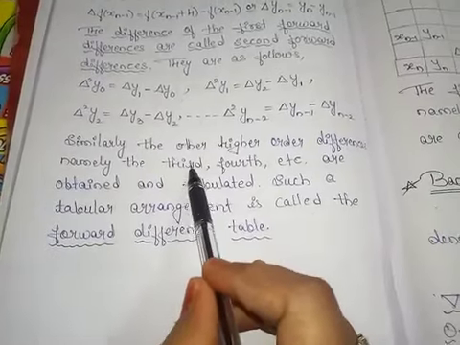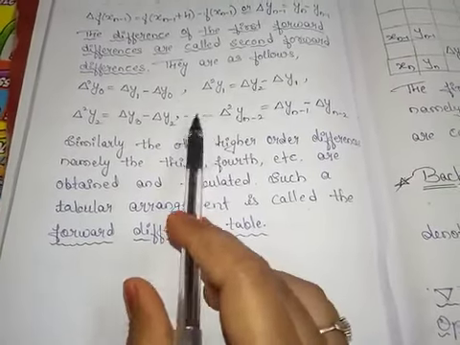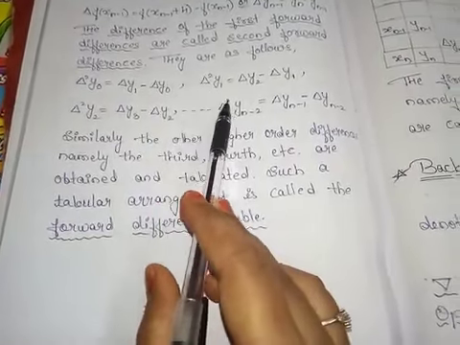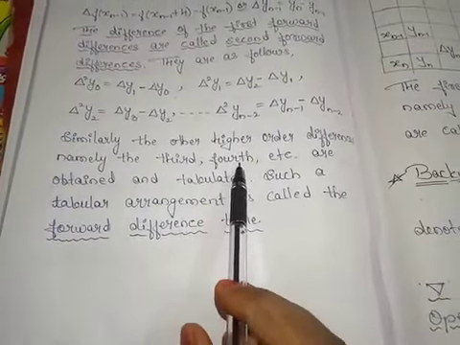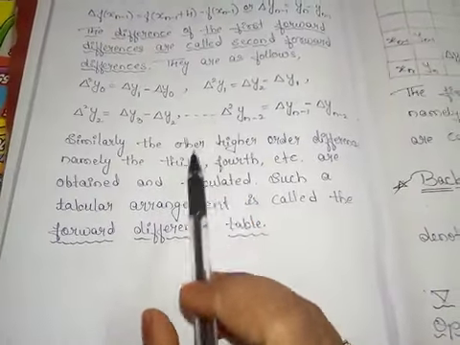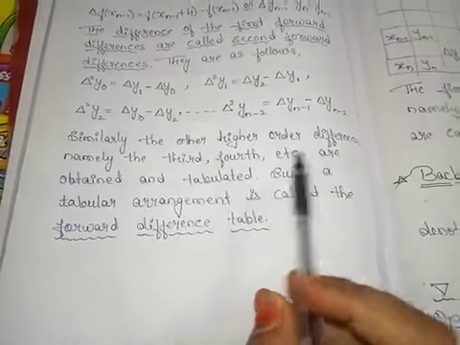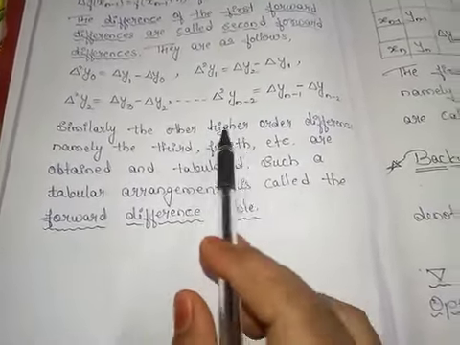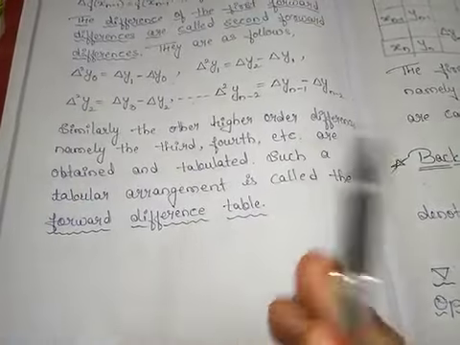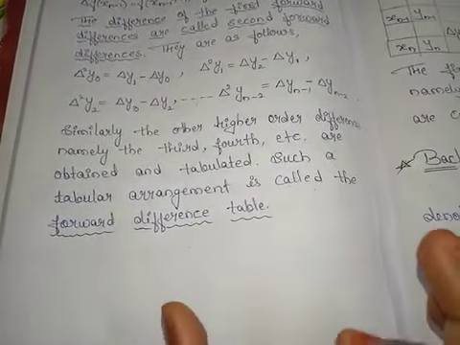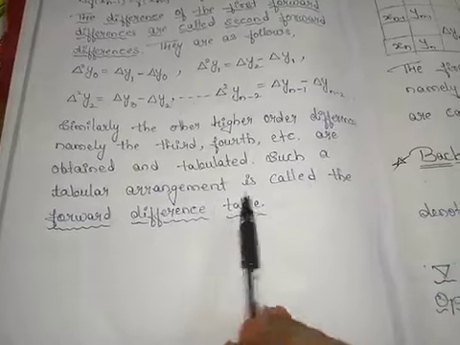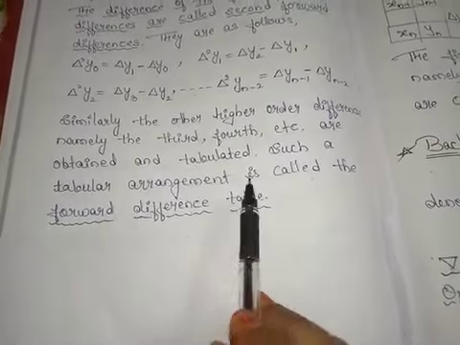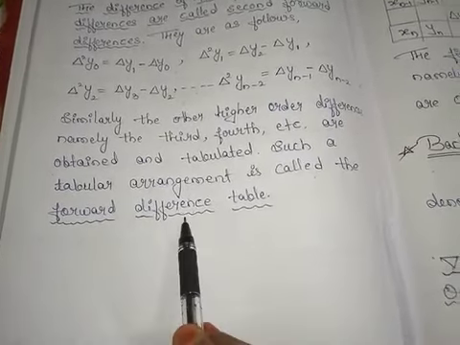To find the third order differences, we have to take the difference of second order differences, and for fourth order differences we have to take the differences of third order differences, and so on. We will find all these differences and write them in a tabular arrangement. That tabular arrangement is called the forward difference table.